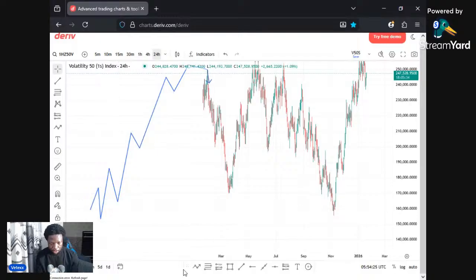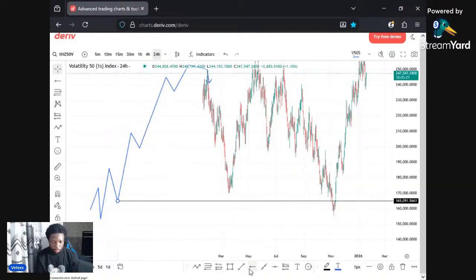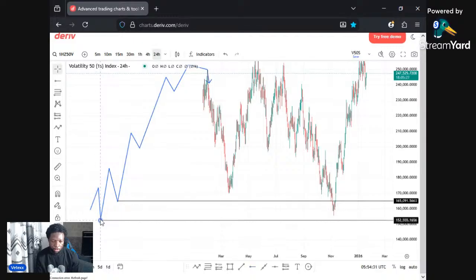It's our structural liquidity on the weekly time frame. We have our protected low on the weekly.